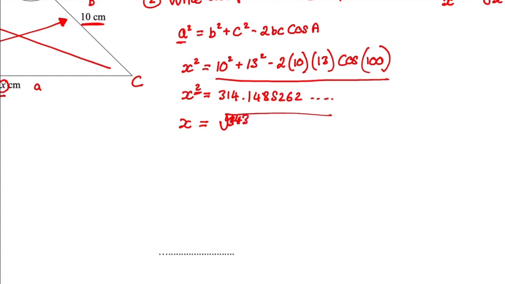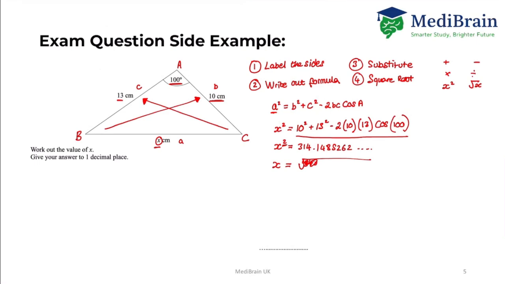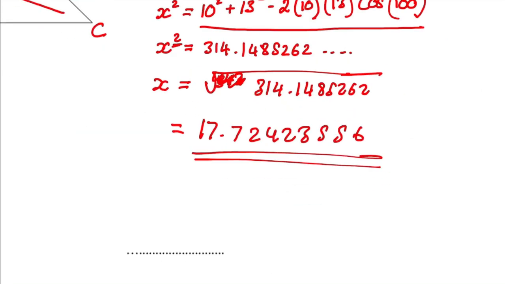So we're going to square root 314.1485262. If we square root that, it gives us an answer of 17.72423556. It does say to one decimal place, so we round it to one decimal place.